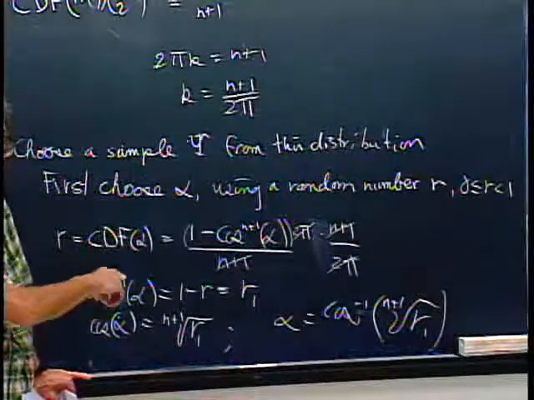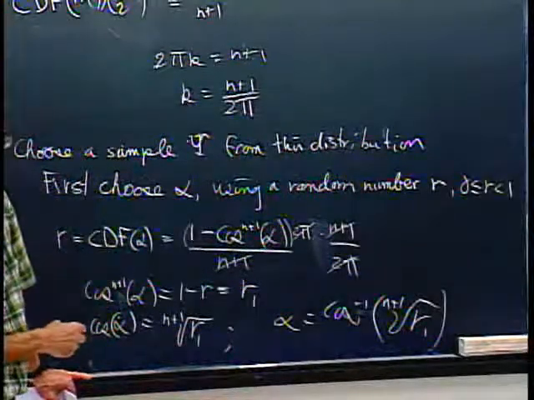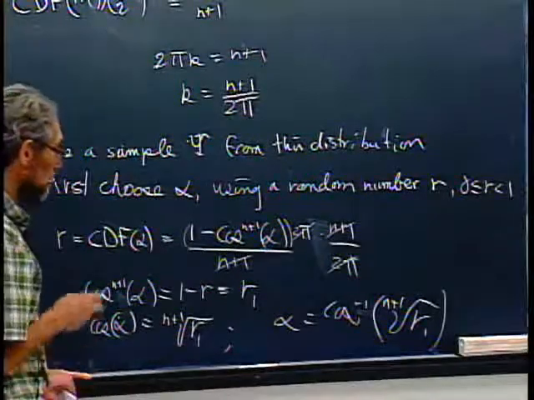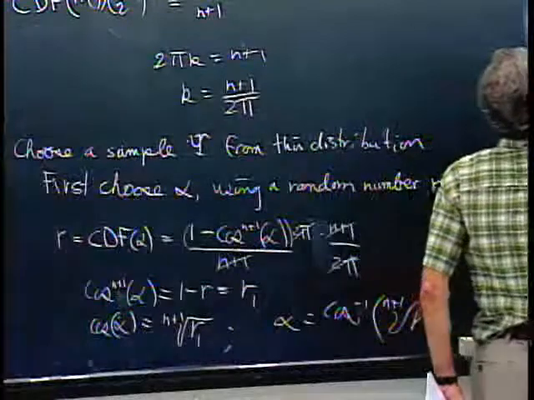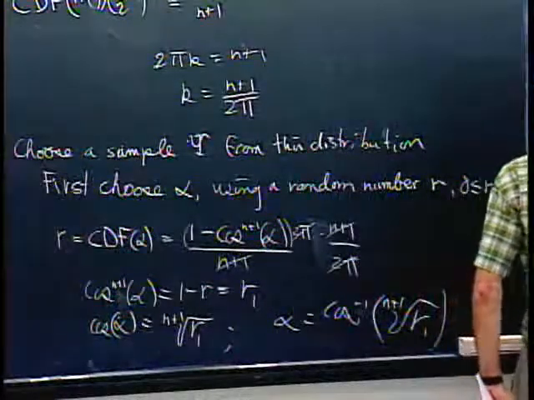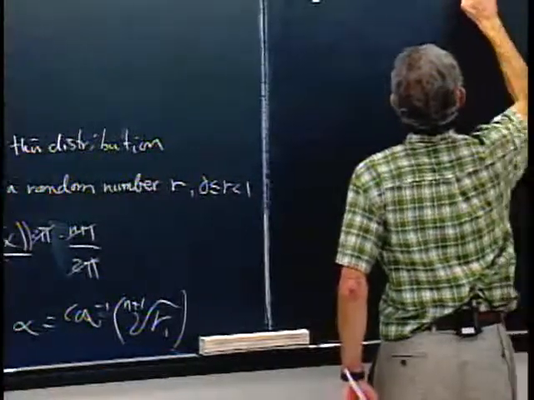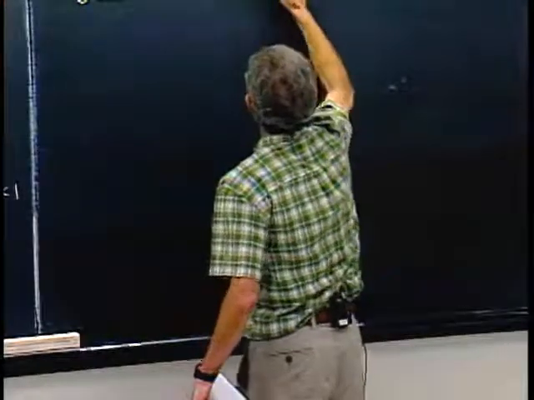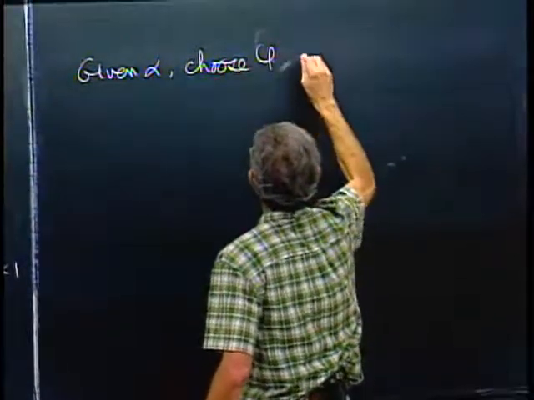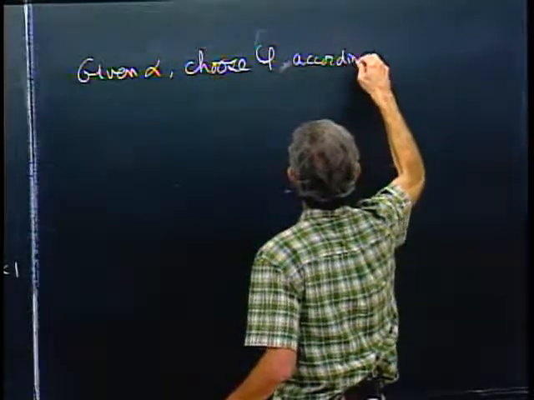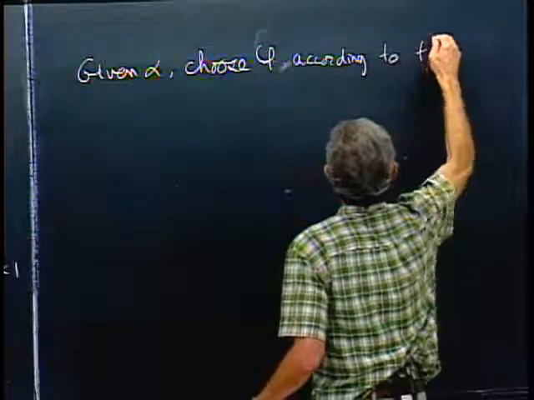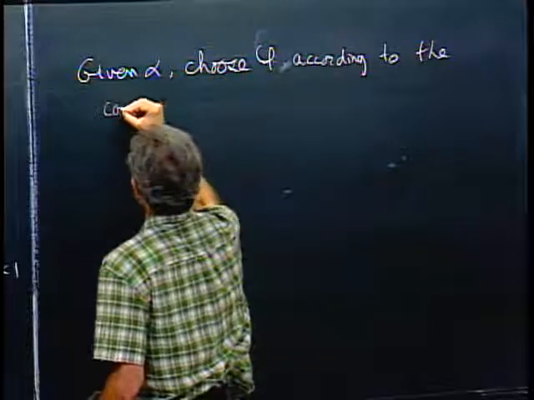Now we have the n plus first root. Okay, so now, given alpha, choose phi according to the conditional probability distribution.